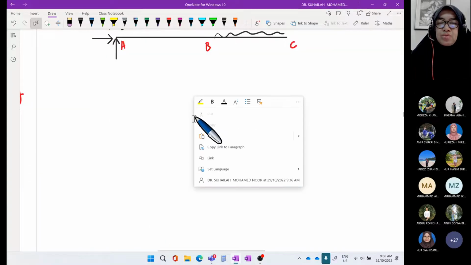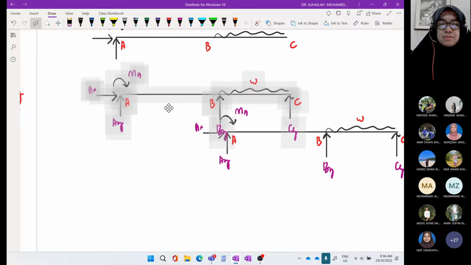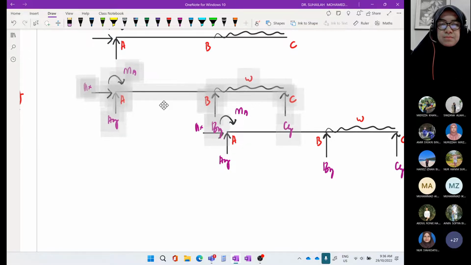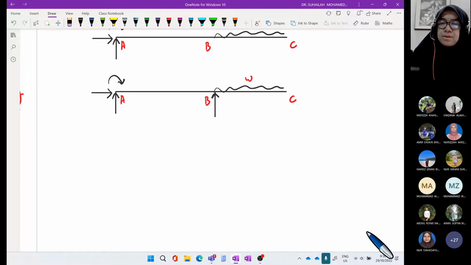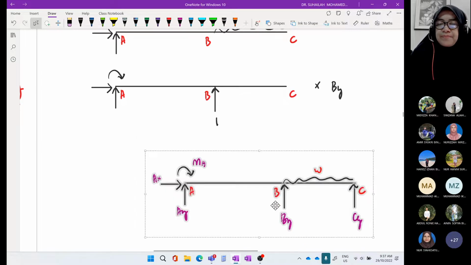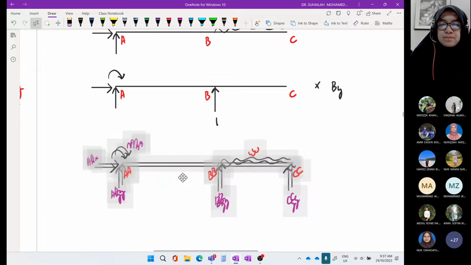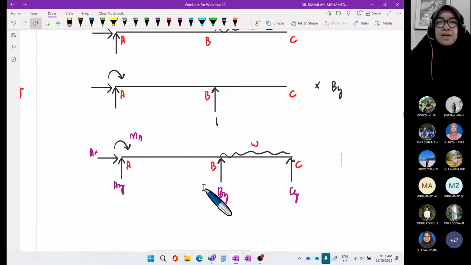And we have another two diagrams. This is a unit value of BY, with W removed. And another one is redundant CY applied, times CY.